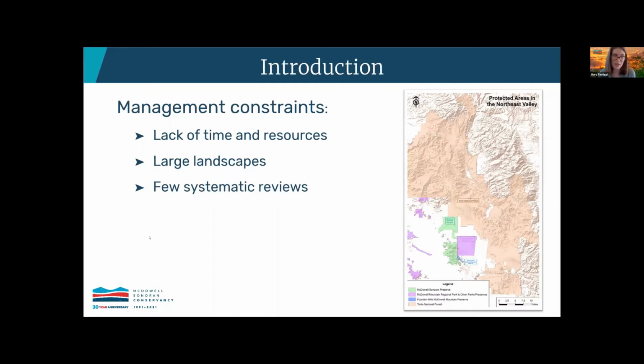To compound that, there are few systematic reviews and tools available, and little published guidance to help land managers identify these degraded sites in large landscapes at a specific point in time, to help us prioritize where we're going to work on restoration projects.